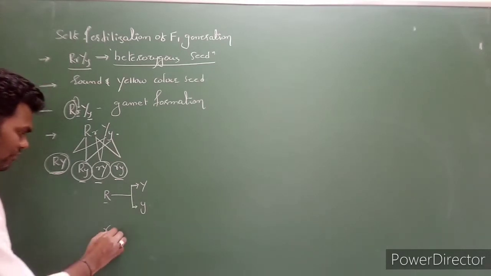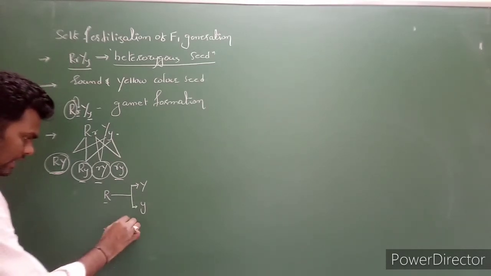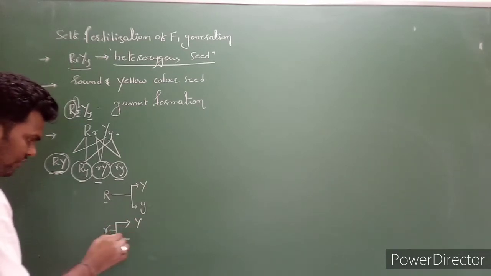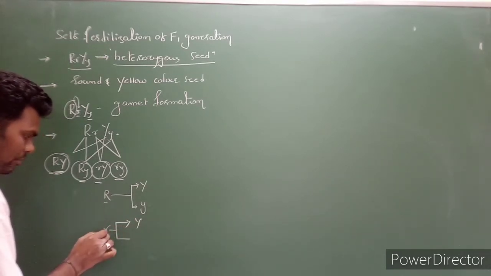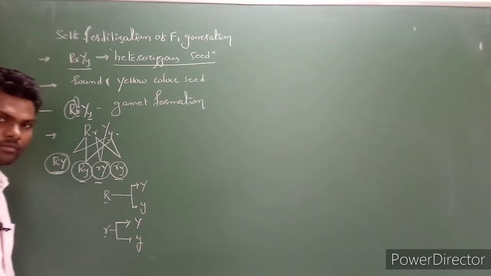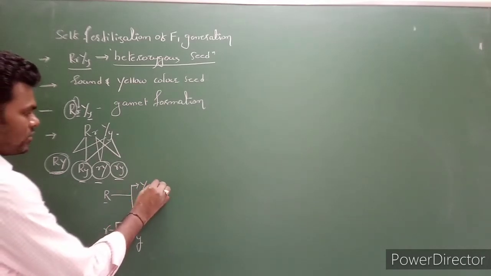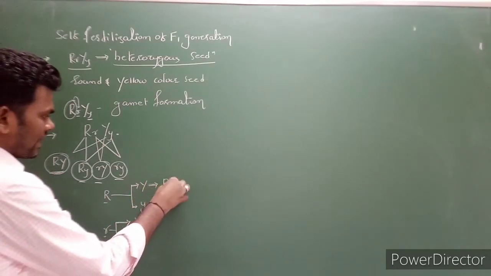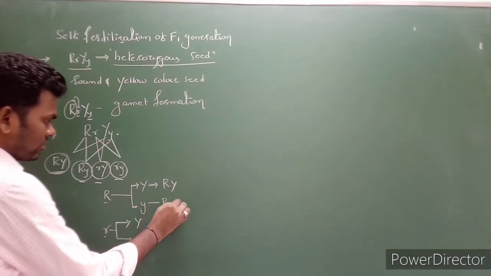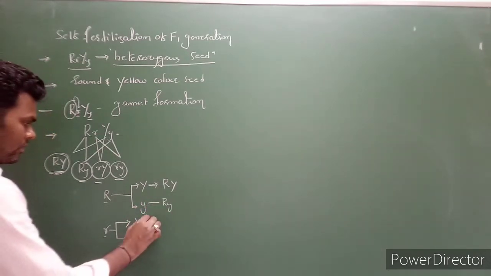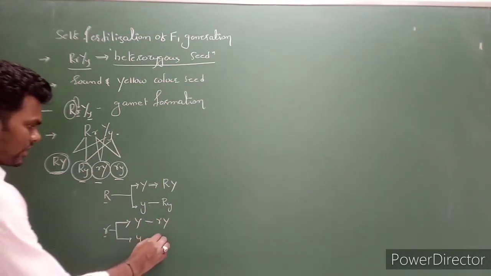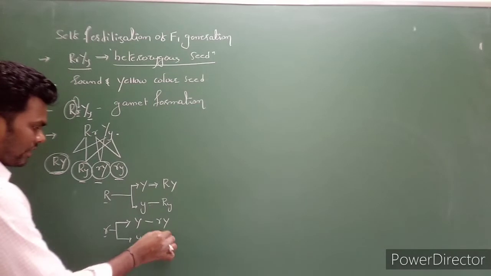In the same way, 50% of small r containing gametes have capital Y and 50% of small r bearing gametes consist of small y. So now what is going to form here? Capital R, capital Y, one gamete. Capital R, small y, one gamete. Small r, capital Y, one gamete. Last one is small r, small y.